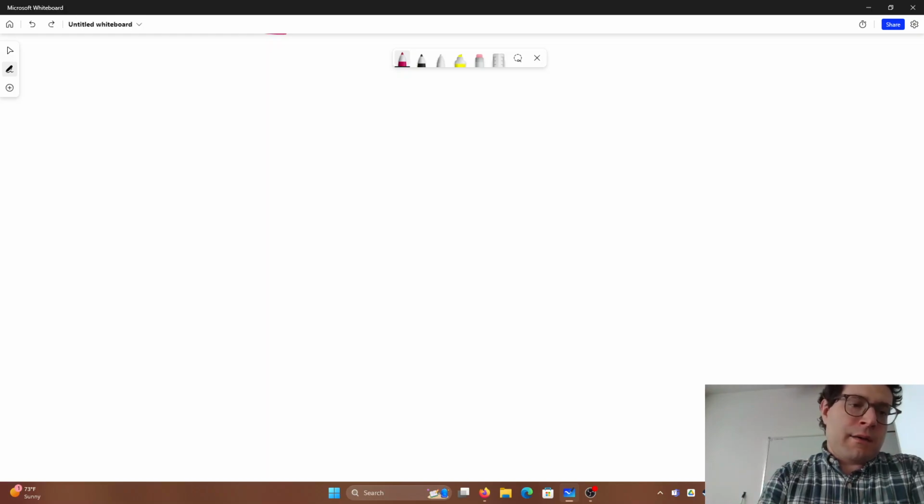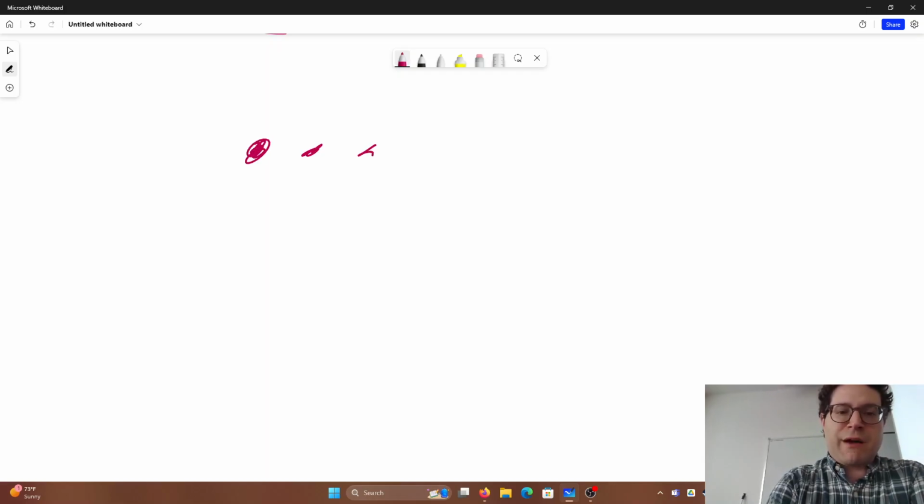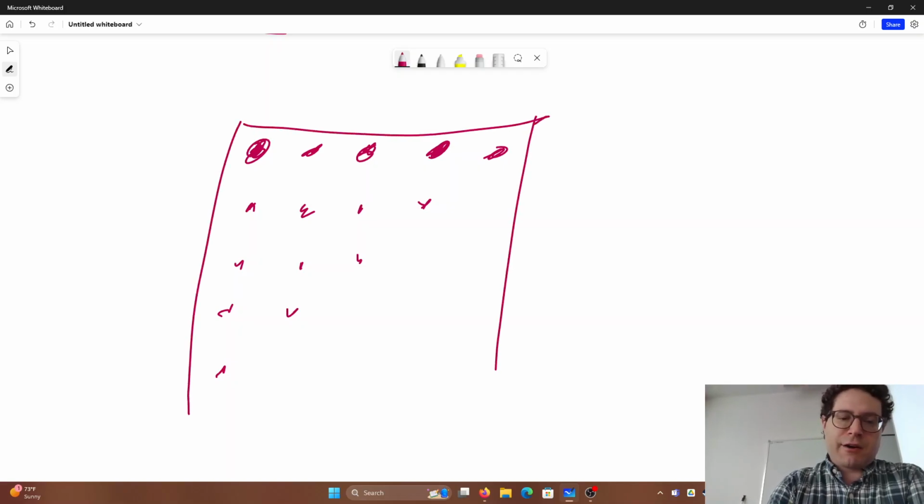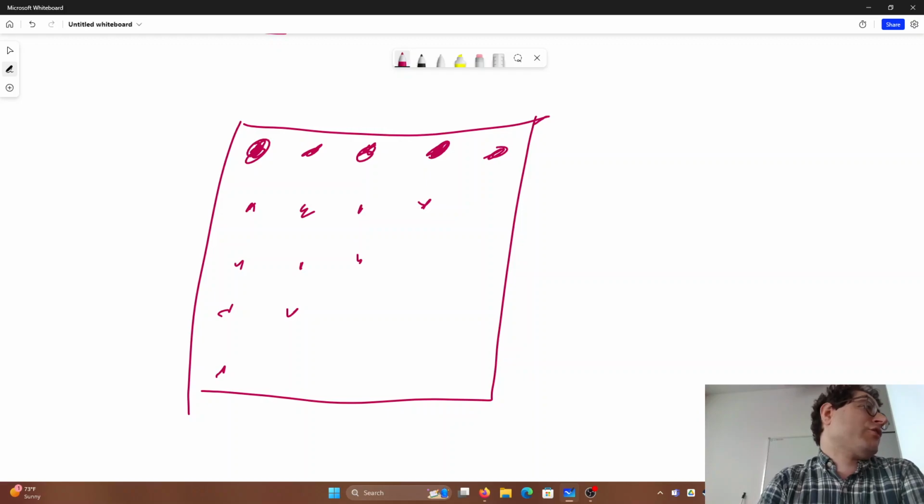Well, let's go ahead and just draw it out. Let's say we've got 5 items. We can compare it to 5, then 4, then 3, then 2, then 1, which is kind of a triangular pattern, and triangles are essentially half a square, right?